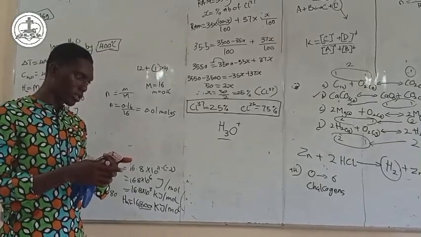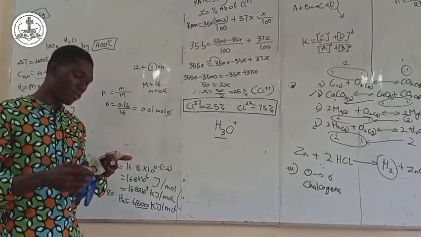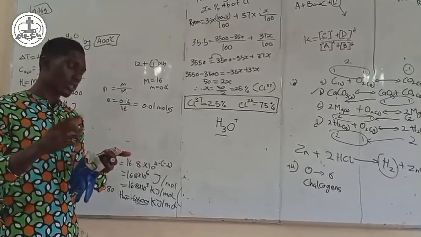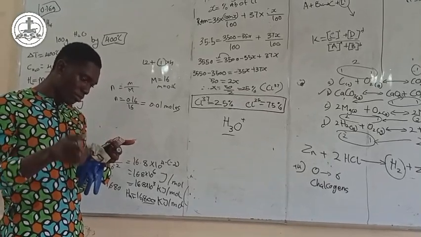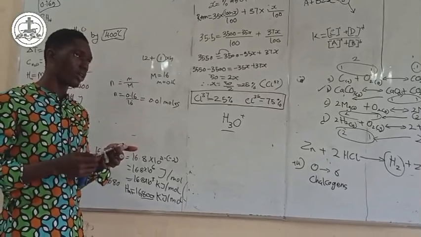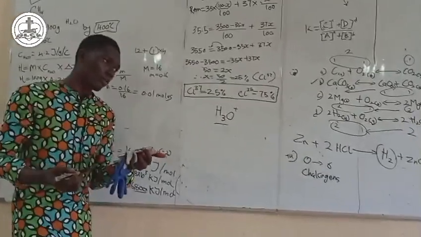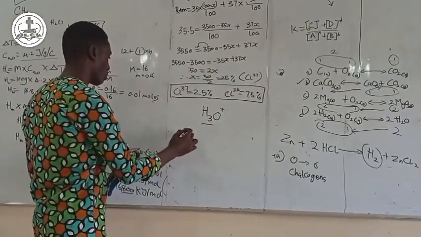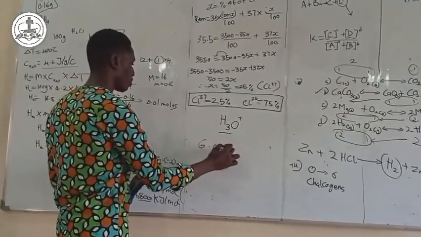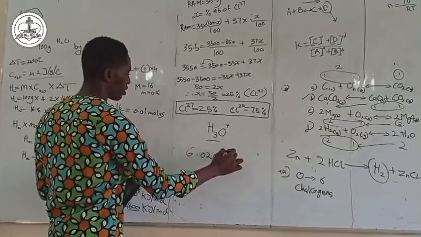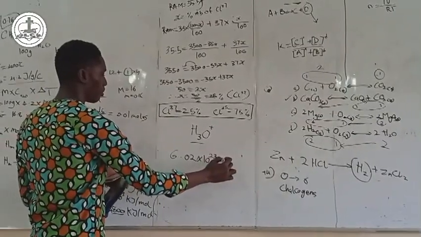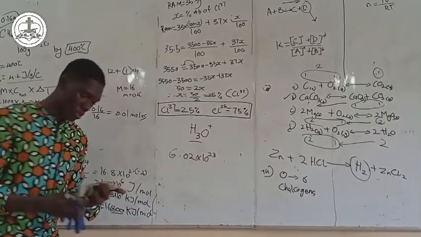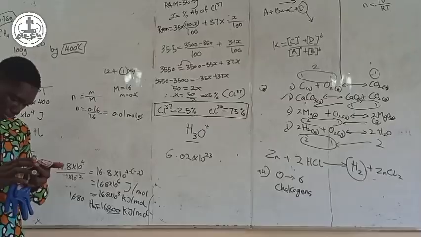It's not A, because the atomic number is given by the number of electrons and number of protons. Then B, Avogadro's number, is the total number of atoms in 1 mole, which is 6.02 times 10 raised to power 23 atoms or molecules. So that is it.